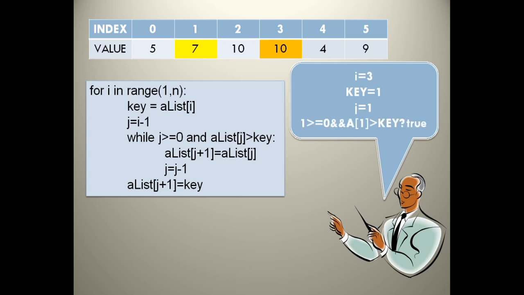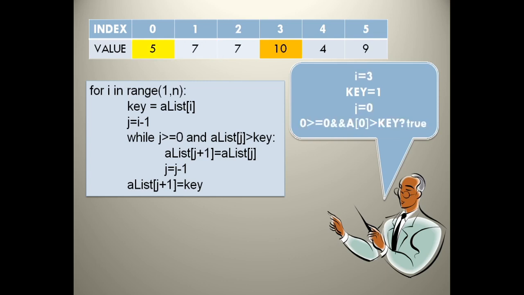Now key is 1 and j becomes 1, isn't it? Now the condition is once again true, because A of 1, that is 7, is still greater than 1. Now what will happen? 7 will be copied to the second place. A of 1 will be copied into A of 2.